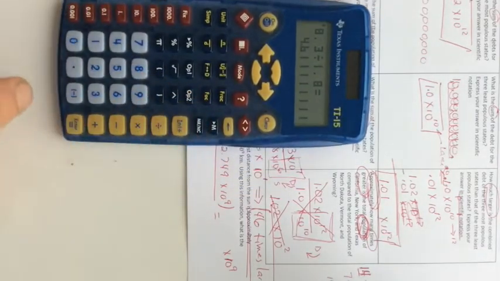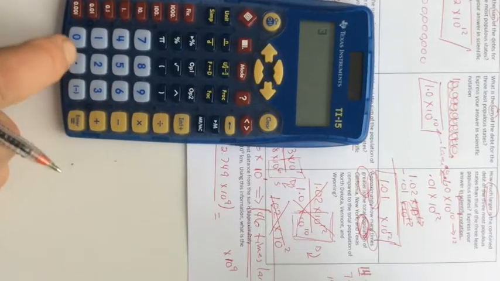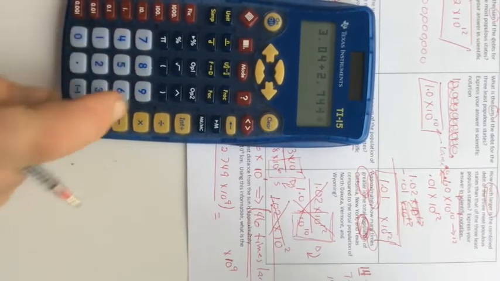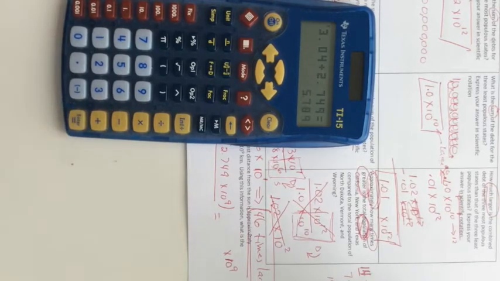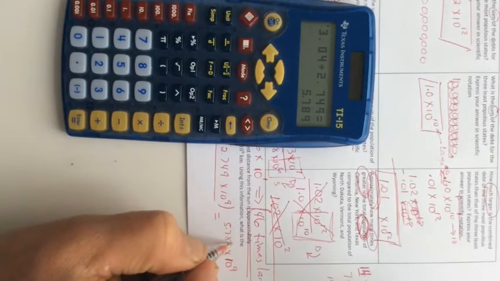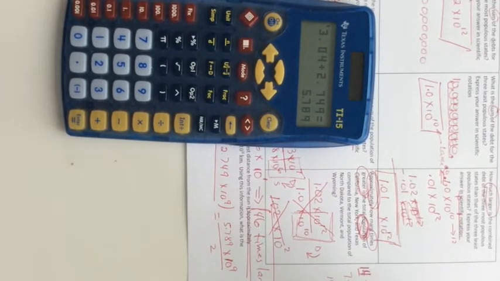Get my calculator. Might as well do it. Okay, 5.789 divided by 2.